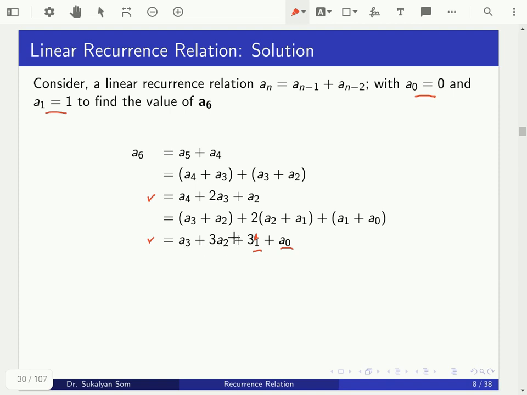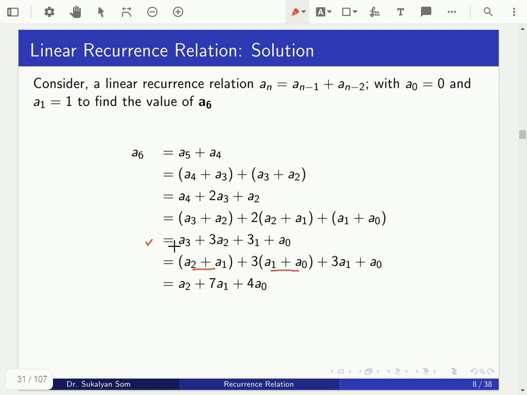So we have to substitute a2 and a3 again by using the given recurrence relation, and if we do so, then a3 can be written as a2 plus a1, a2 can be written as a1 plus a0, and as a result this a3 plus thrice a2 plus thrice a1 plus a0 is simplified as a2 plus 7a1 plus 4a0.